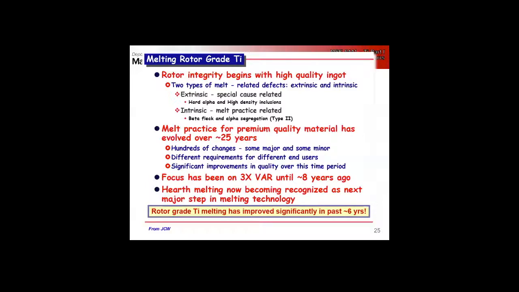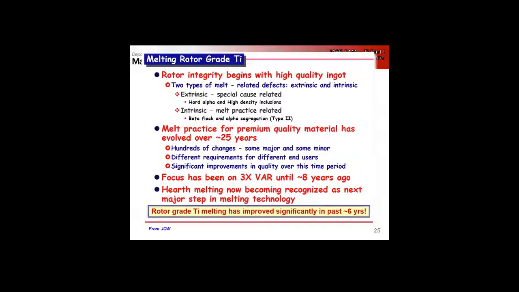A huge advance in the application of these alloys has actually been on the processing side, and how they're melted. Titanium processing, particularly this hearth melting, has been really a key area of processing development. There are a couple of melt defects that we have to be concerned about. Hard alpha, which is a nitrogen-rich region, I'll talk about that.